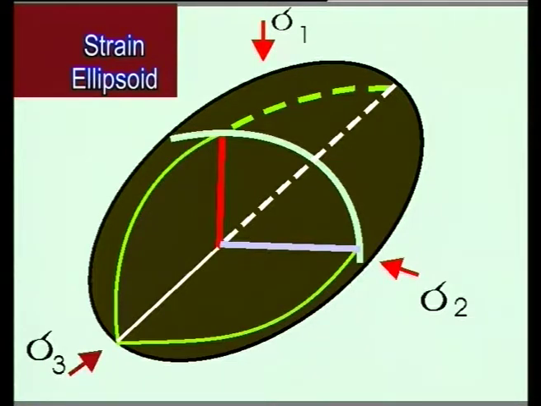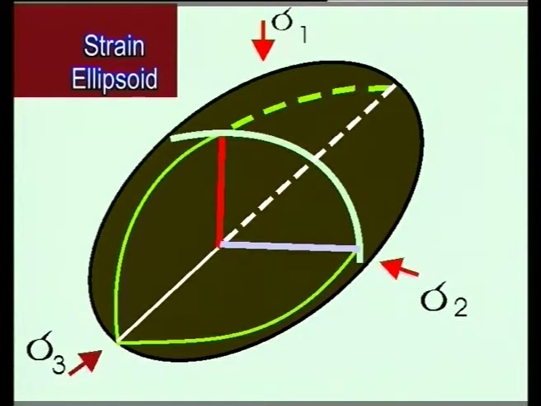In the strain ellipsoid, the three principal axes are termed the greatest, the intermediate and the least or shortest principal strain axis. The greatest is represented by lambda 1, as represented by the quadratic elongation along it, the intermediate by lambda 2 and the least principal strain axis of the ellipsoid by lambda 3.